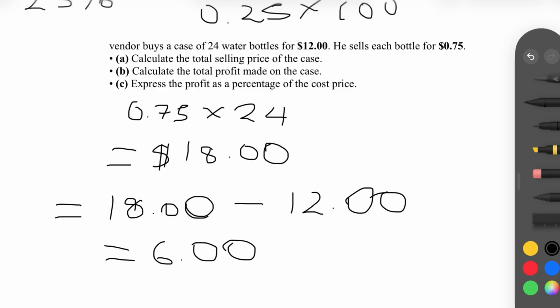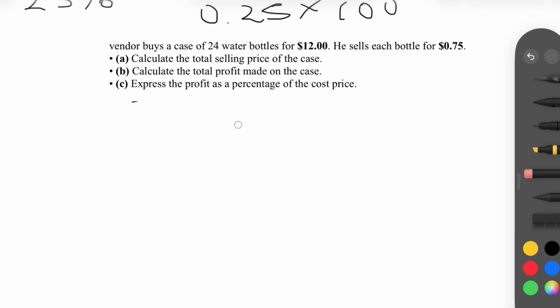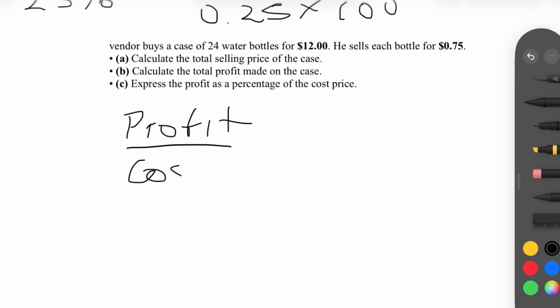Then it says express the profit as a percentage of the cost price. Now, all it's basically asking us to do is to find the percentage profit. So remember that when we are finding percentage profit, all we have to do is put our profit over our cost price and multiply it by 100, right?